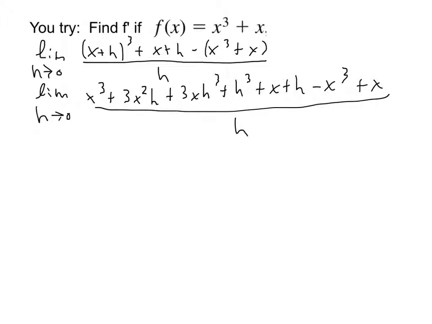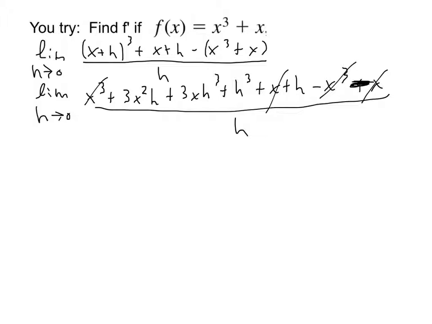Alright, and we can see the x cubes cancelled. This should say minus right here. That's a minus. So that negative x cancels with this x.